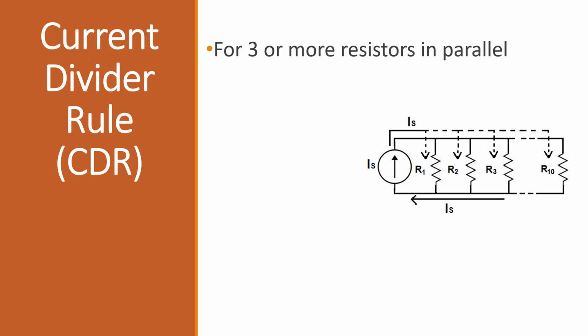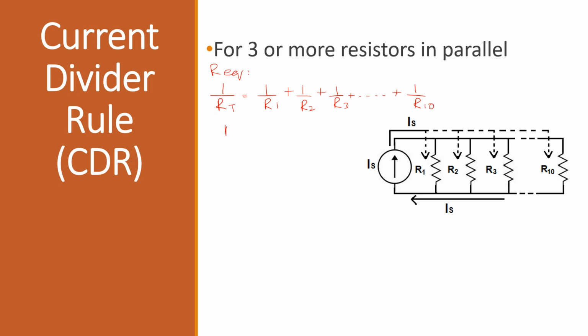First, we are going to calculate R equivalent. We know that it is calculated by 1 upon RT is equal to 1 upon R1 plus 1 upon R2 plus 1 upon R3 till 1 upon R10 for this circuit.